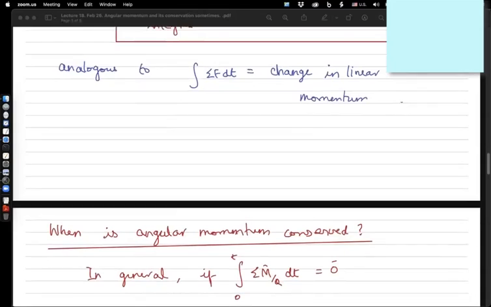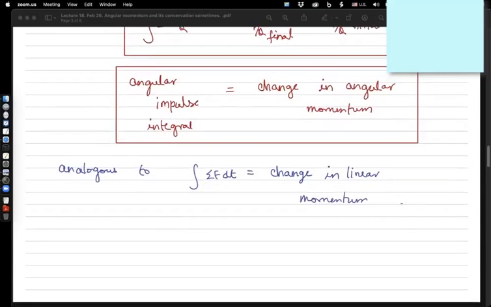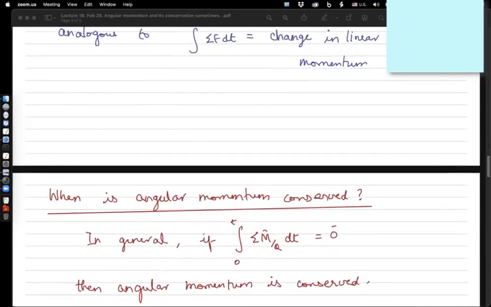And just like last week, we can ask the question, when is angular momentum conserved? Well, change in angular momentum is this quantity. And if this quantity happens to be 0, then of course, we have no change in angular momentum, right? So that's basically it. If the integral of moments of all the forces over a period of time equals 0, then angular momentum is conserved.